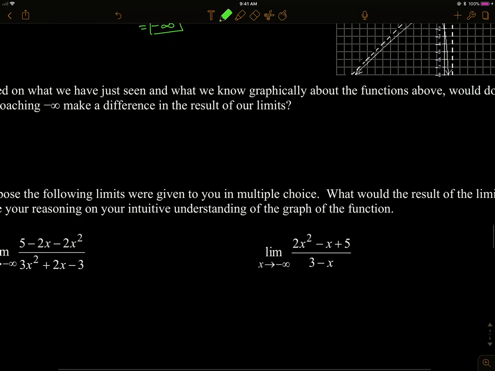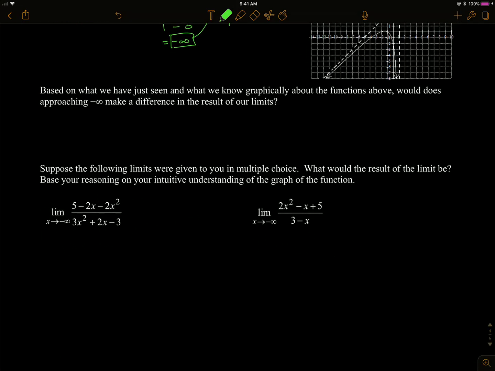So let's try to summarize. I've been saying it over and over, but let's make sure. Based on what we have seen and what we know graphically about the function above, would approaching negative infinity make a difference in the result of our limits? As x approaches negative infinity, it does not make a difference if the graph has a horizontal asymptote.